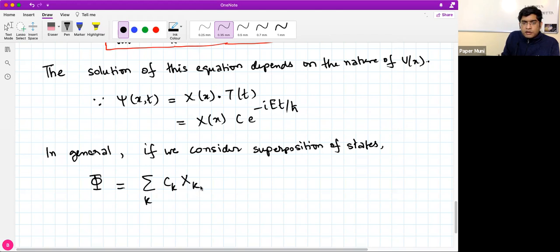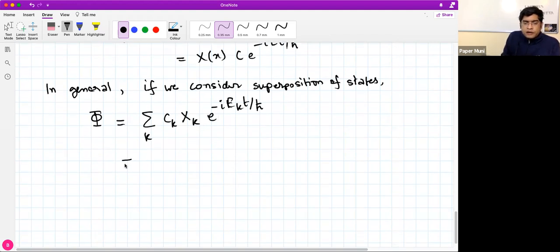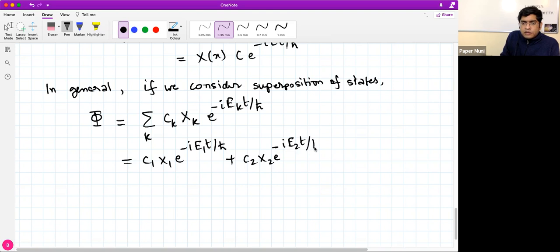Each term is a function of x times e to the power minus iota E_k t by h cut. If we expand it, this would look like c1 ψ1 e to the power minus iota E1 t by h cut plus c2 ψ2 e to the power minus iota E2 t by h cut plus, and so on, with one of the terms being E_k t by h cut.